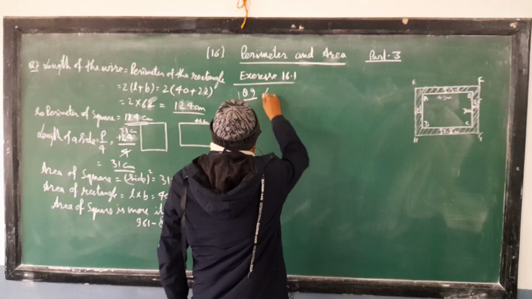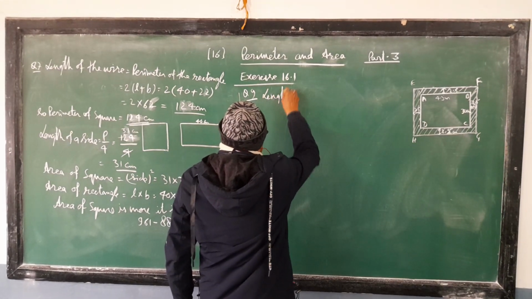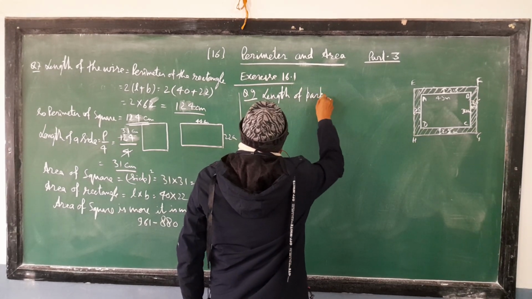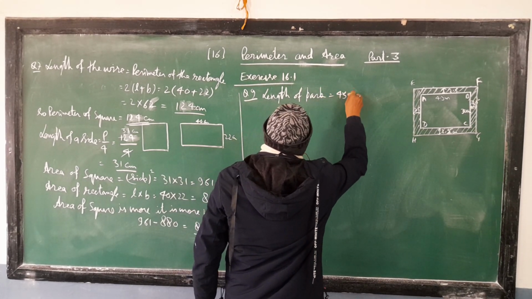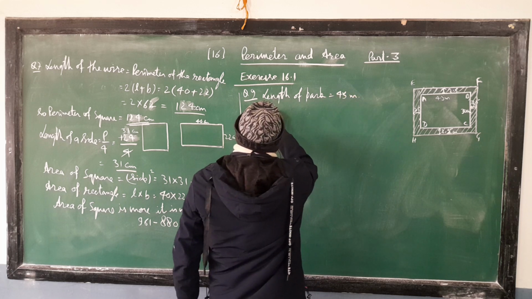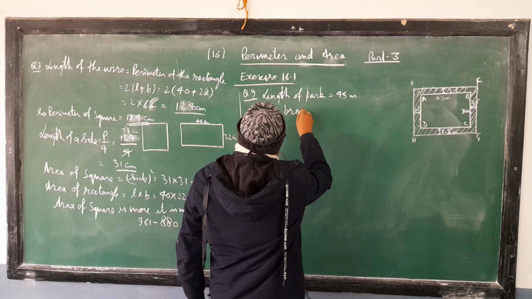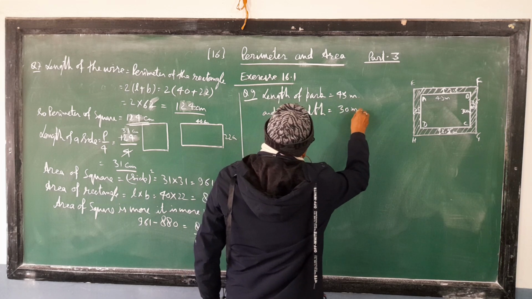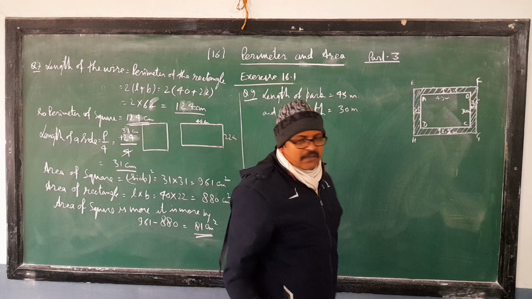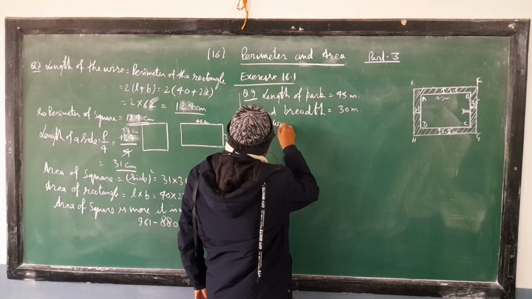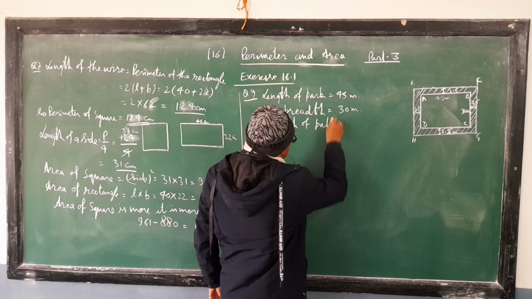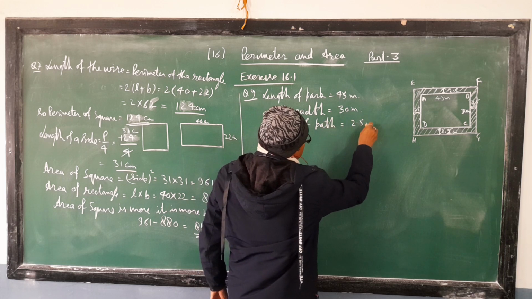So we can write it now. Length of park is 45 meter and breadth 30 meter. Width of path is 2.5 meter.